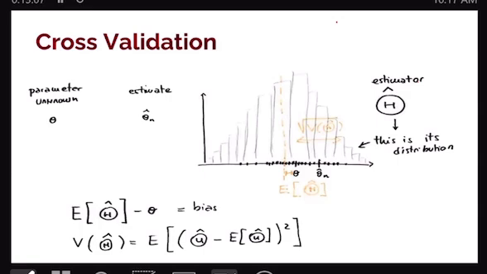This means the estimate now becomes a random variable because it's going to vary. The estimate from the first set of data will be different from the one I get from the second set of data, and so on. Because there's variability in them, I can begin to look at the probability distribution.